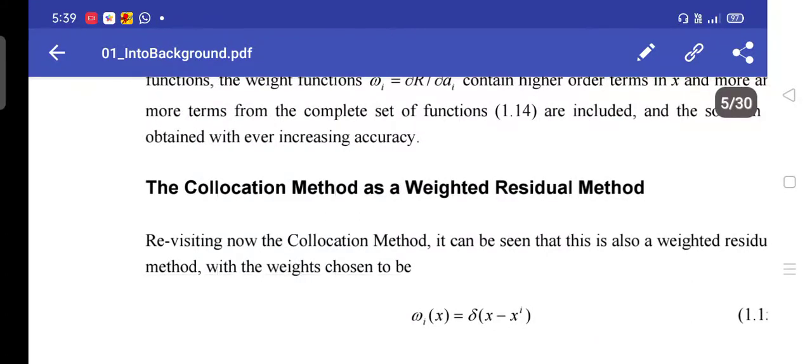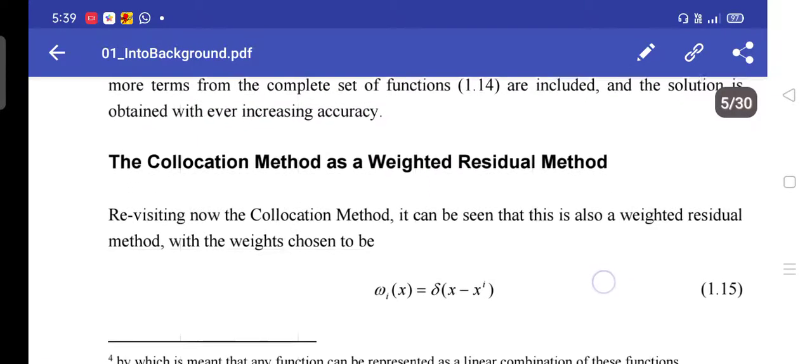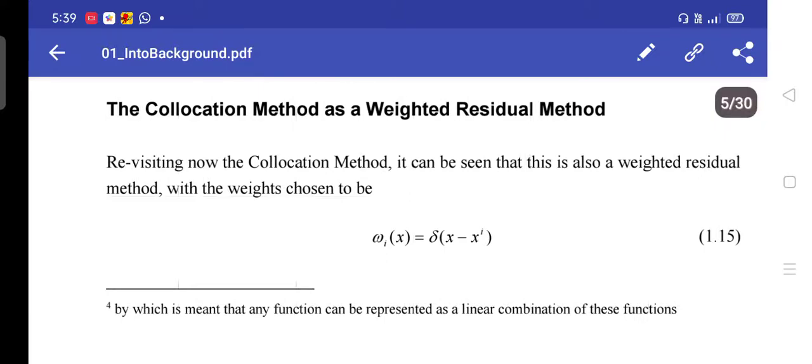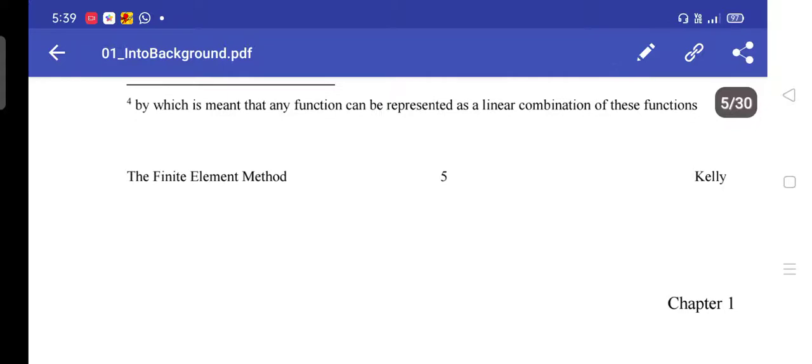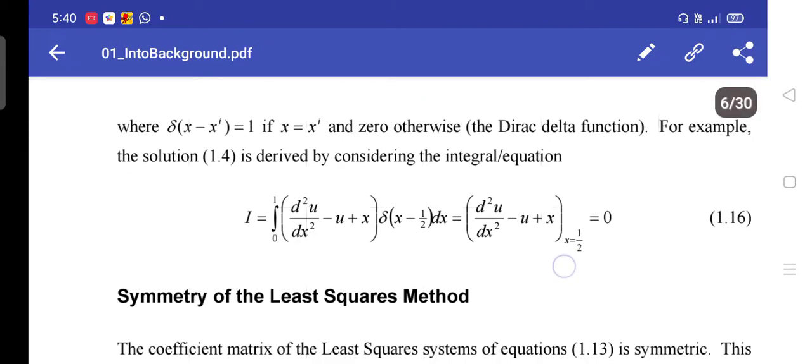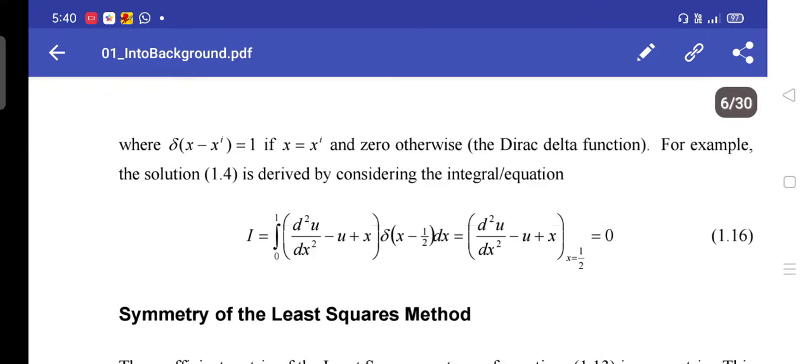The collocation method as a weighted residual method. Now, for the collocation method, it can be seen that this is also a weighted residual method with weights omega of x equal to delta of (x minus x'), where delta of (x minus x') is equal to 1 at x equal to x' and 0 otherwise, the Dirac delta function.